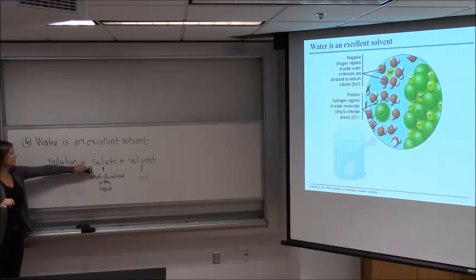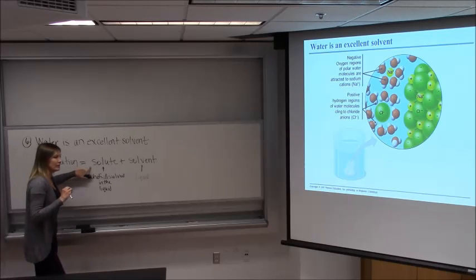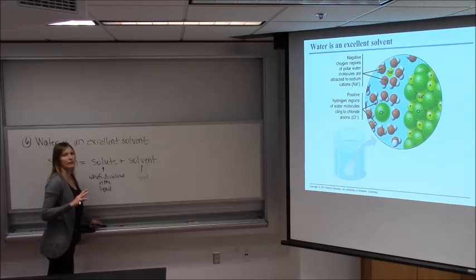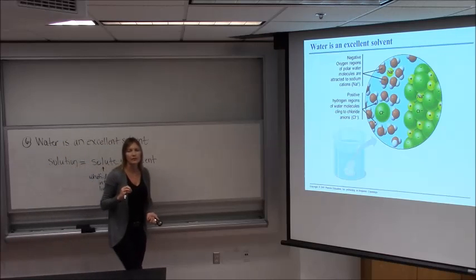There's an important term to describe the strength of this solute. So you know you can have water that's really, really salty, or you can have water that's just a little bit salty. You can have water that's a lot sugary or just a little bit sugary.